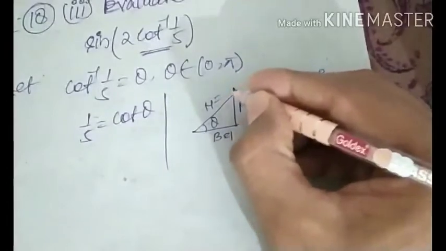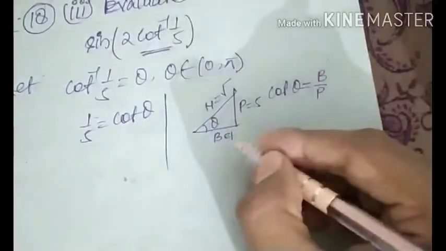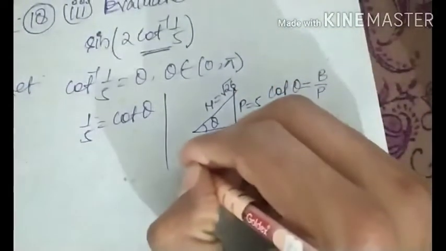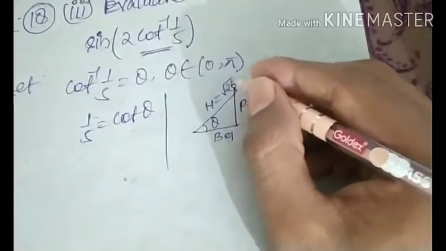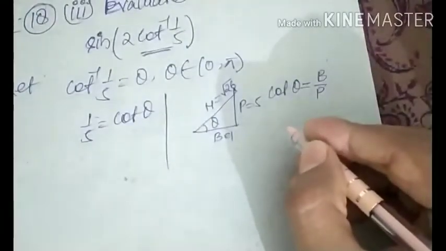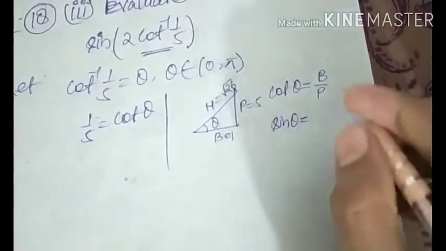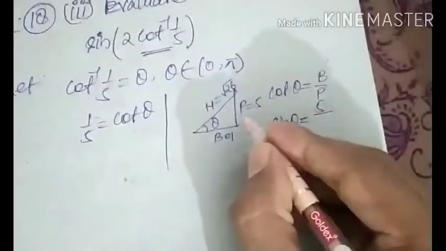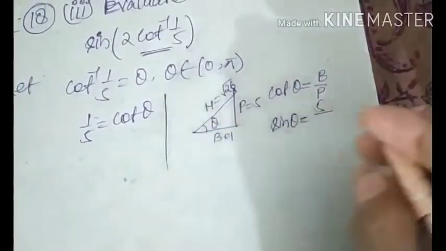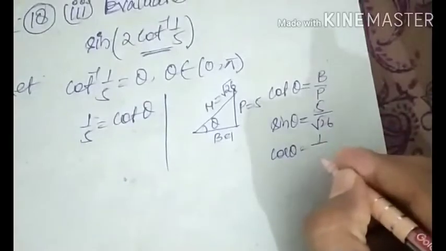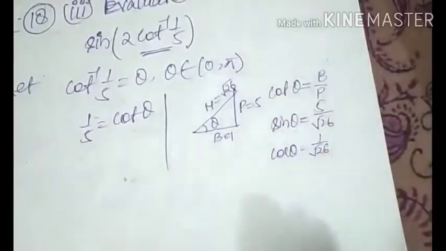Then the hypotenuse will be under root 1 square plus 5 square. 1 square is 1 and 5 square is 25, and 1 plus 25 is 26, so the hypotenuse is under root 26. Sine theta is equal to perpendicular upon hypotenuse, 5 by under root 26, and cos theta is equal to base upon hypotenuse, 1 upon under root 26.